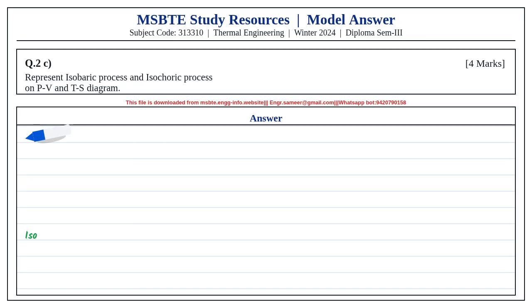Question 5c. Explain Bunsen boiler with neat sketch. Bunsen boiler is a high-pressure, water tube, forced circulation, once through boiler. It has no steam drum. Feed water is pumped through economizer, radiant evaporator and superheater coil.